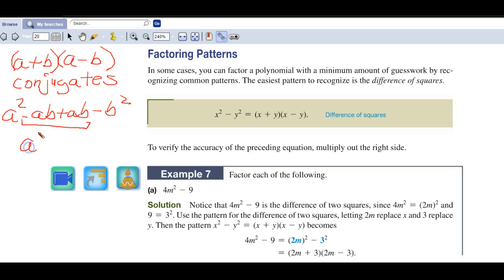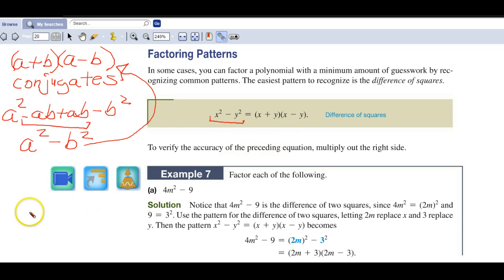So we end up with A squared minus B squared. This is called the difference of perfect squares. Now, if you recognize the difference of perfect squares, they will always factor into their conjugates. So here they're saying there are patterns that can be followed.